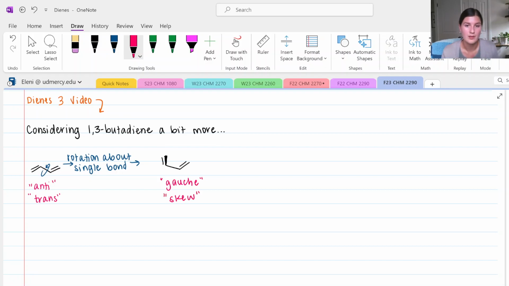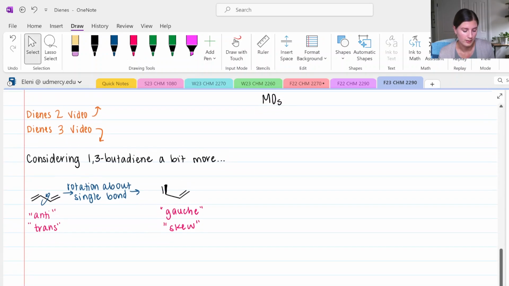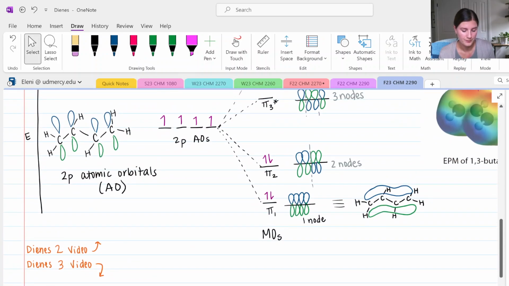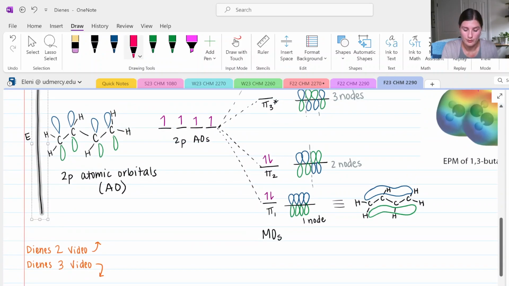representation. Now we saw with the anti or trans representation that we have perfect p orbital overlap when that 1,3-butadiene is in that conformation. I'm going to scroll up to the Dienes 2 video. We kind of drew that over here. When it's in the anti-conformation, we have perfect p orbital overlap.